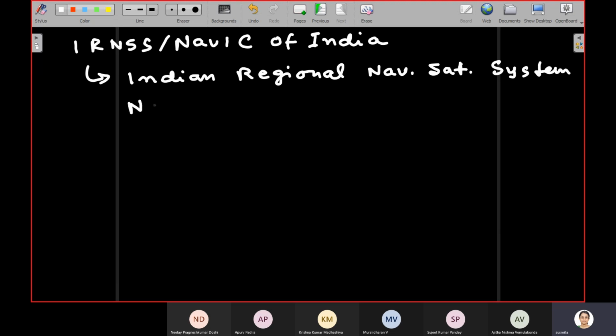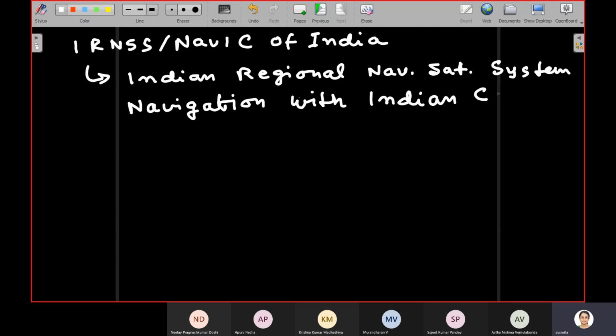NAVIC stands for Navigation with Indian Constellation.